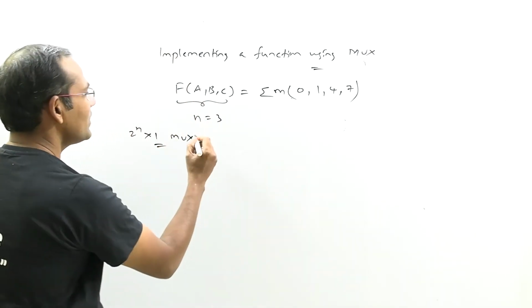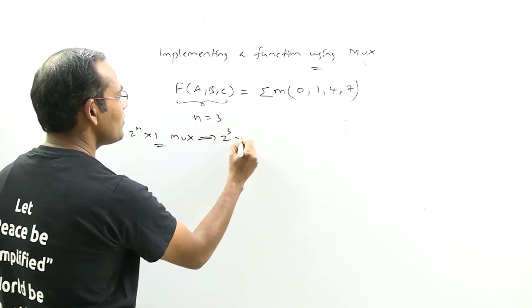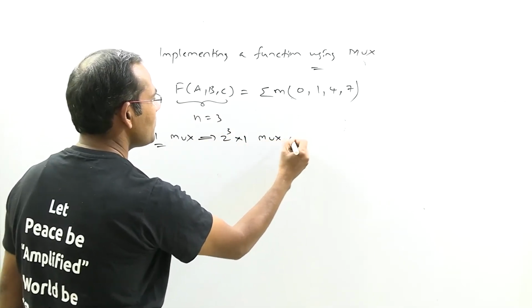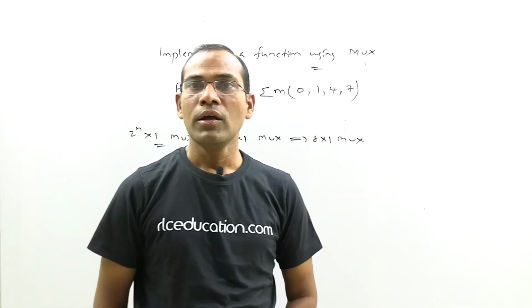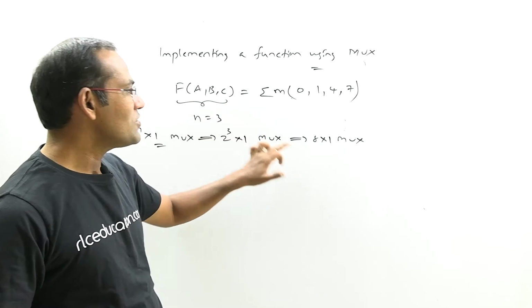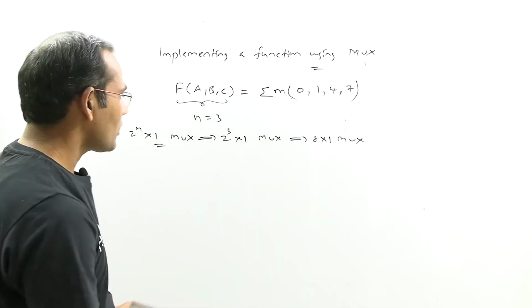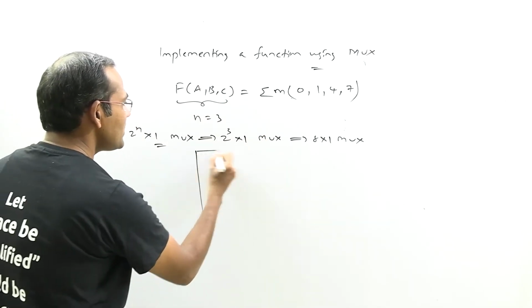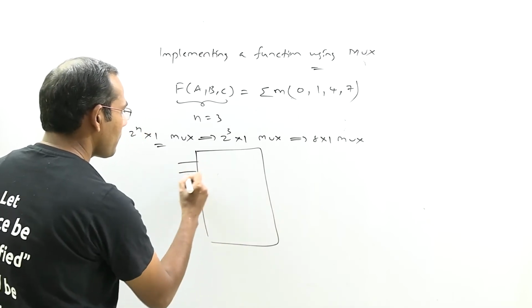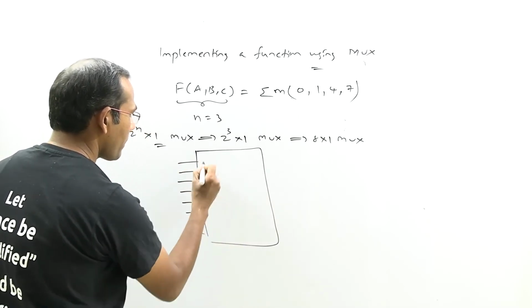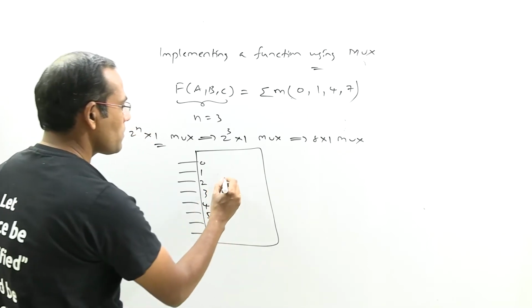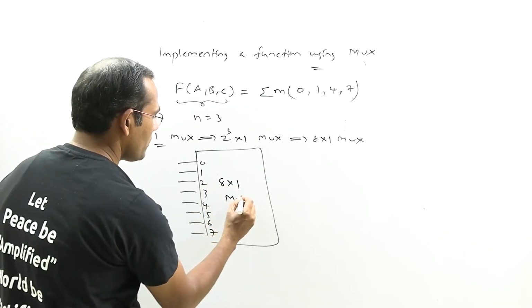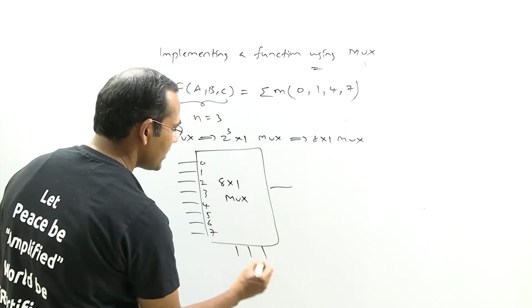Here n is 3, that's why 2 power 3 by 1 mux, that means 8 by 1 mux, for a 3 variable function. 8 by 1 means 8 inputs will be there, and three selection terminals.